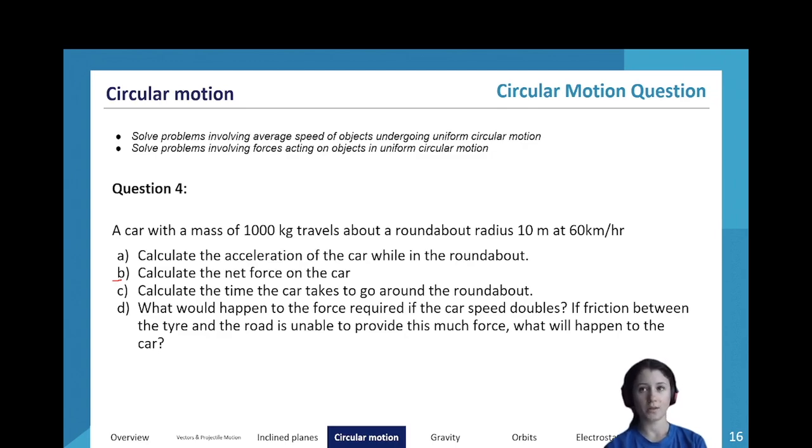But think about it again, if you speed up, the force required to keep you on that ice actually increases, and that's what we saw in that last equation. So, if the friction is unable to provide the force required, then the car will skid off.